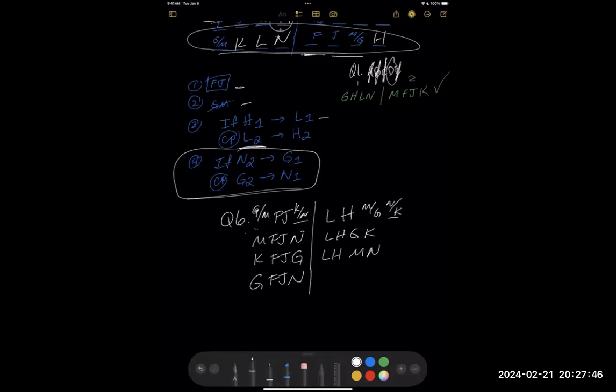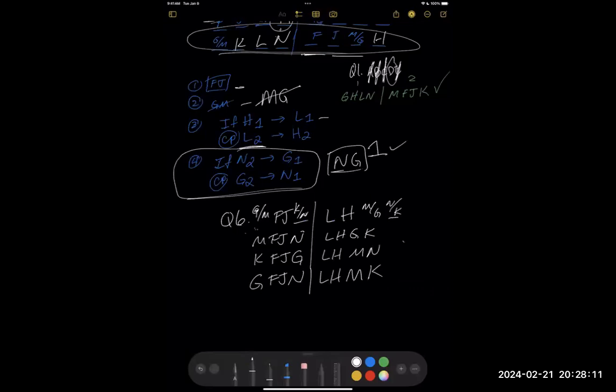So M and G, no. But N and G, it's okay if they're both in group one. And then we would have L, H, M, and K. So those are the three possibilities if L is in group two.